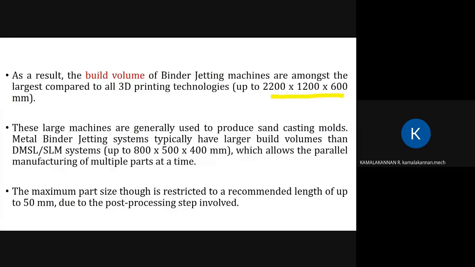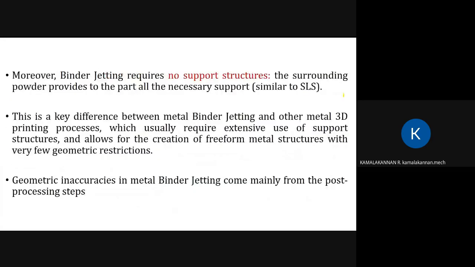Okay, let us go to the next slide. A notable thing is that there is no need for support structures. Only a few 3D printing technologies can be used without support structures, but in others you have to go for support structures. So this is also a feature: you do not have to give any support, and without support you can go for any size.